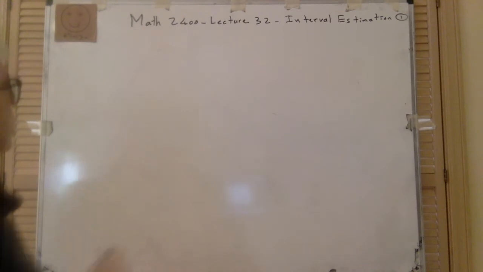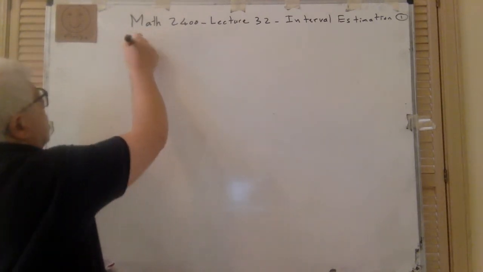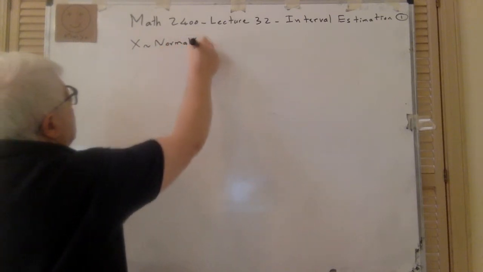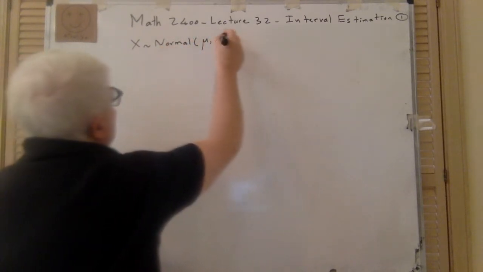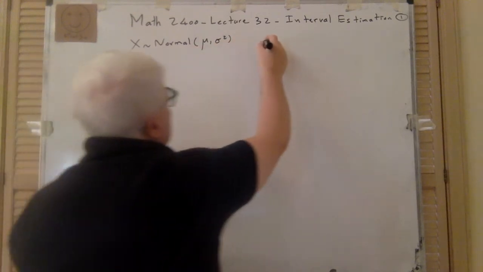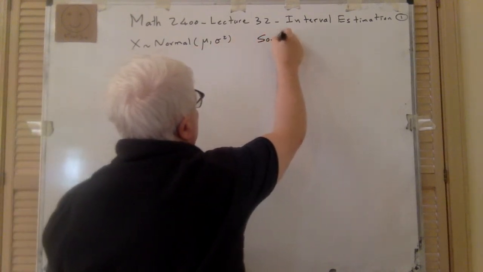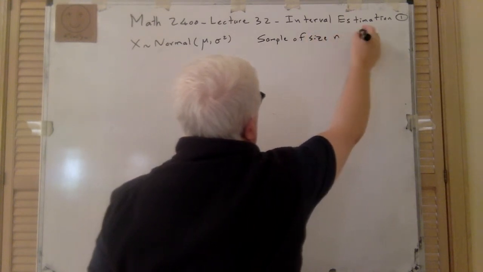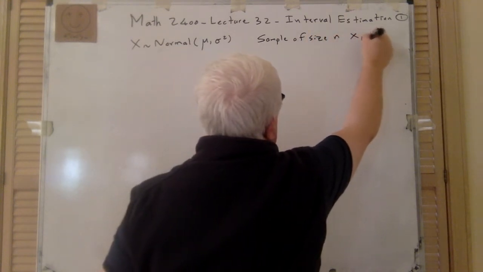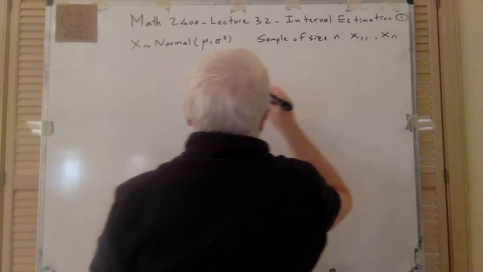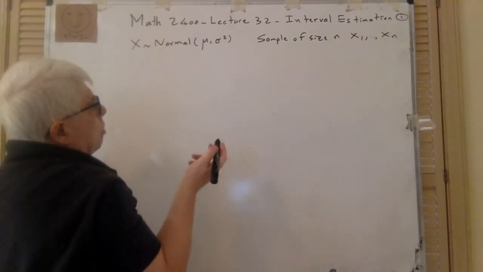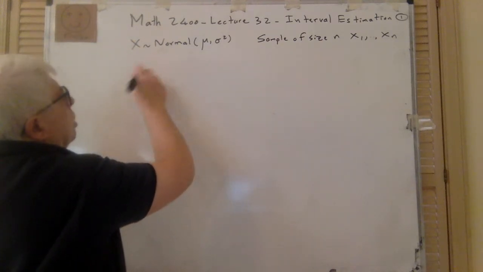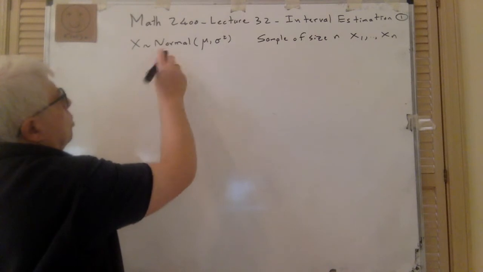So let's say that x has normal distribution, and we have a sample of size n, x1 up to xn, and using that sample, instances for the sample, we have found x bar.